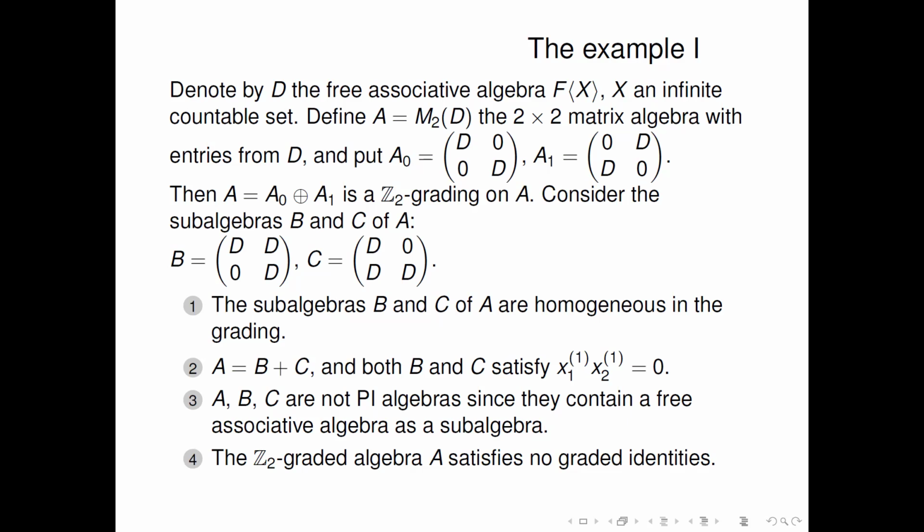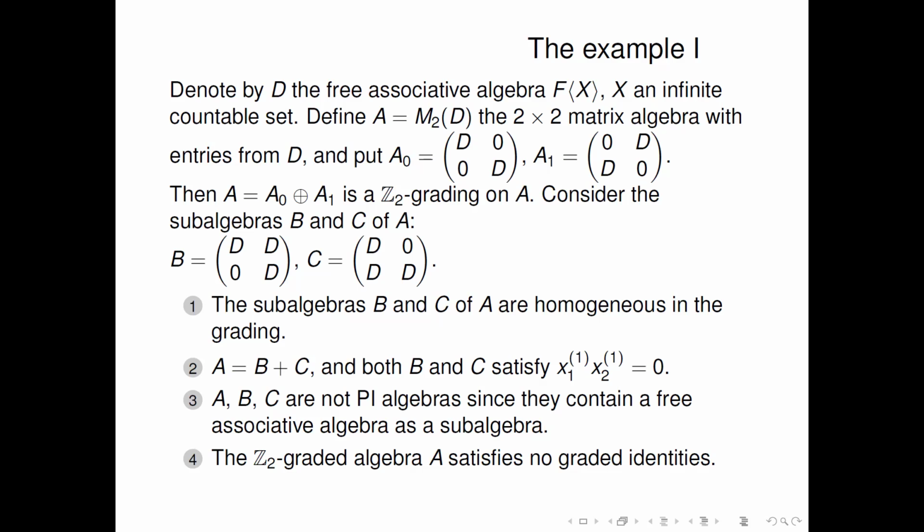These are homogeneous. Clearly, A is the sum of these, but both of them, B and C, satisfy this identity. Variables of degree 1, 0, yield 0.